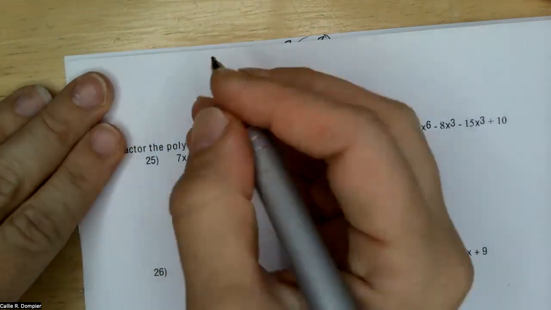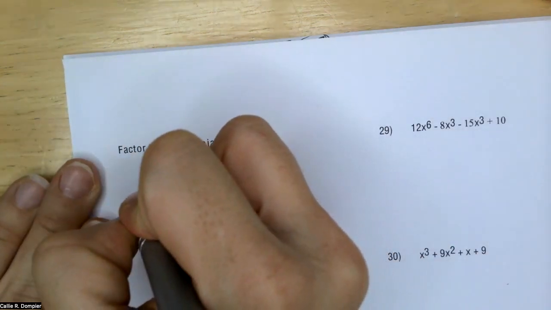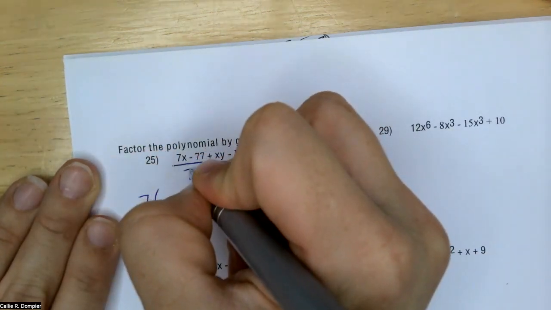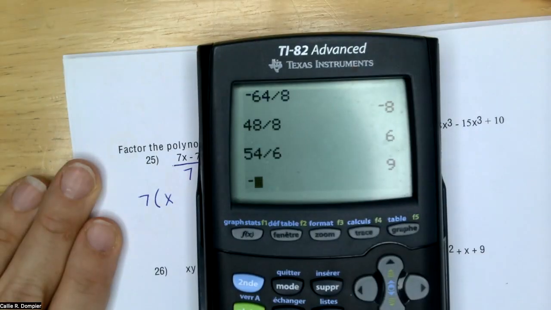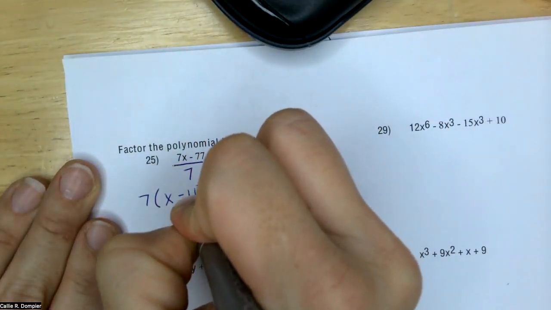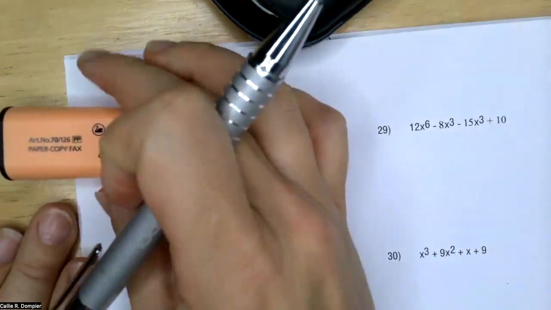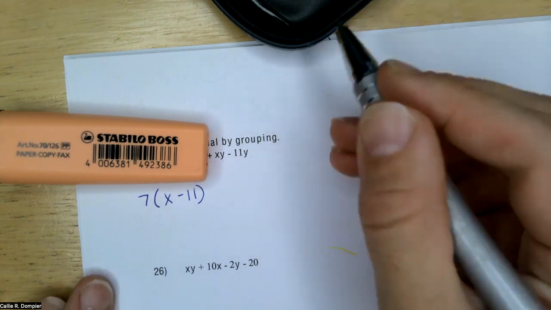I can factor out a 7, right? So that's going to be 7 times 7x divided by 7 is x. Negative 77 divided by 7 is a negative 11. Okay, so that's my first group done. Second group is positive xy minus 11y.